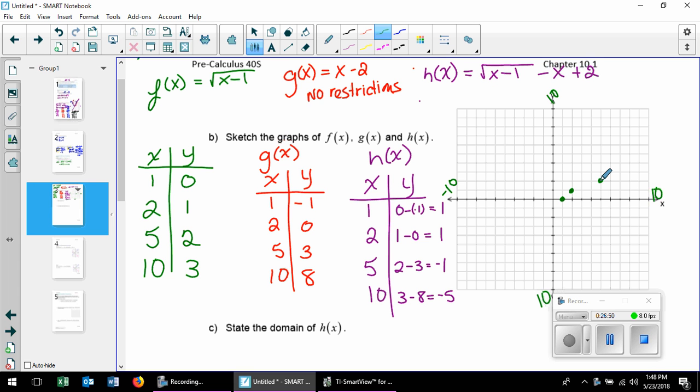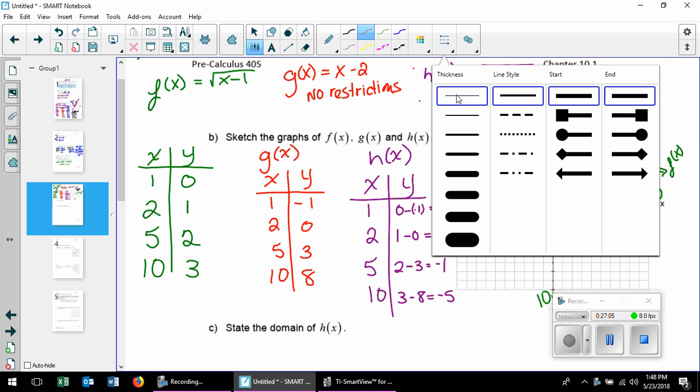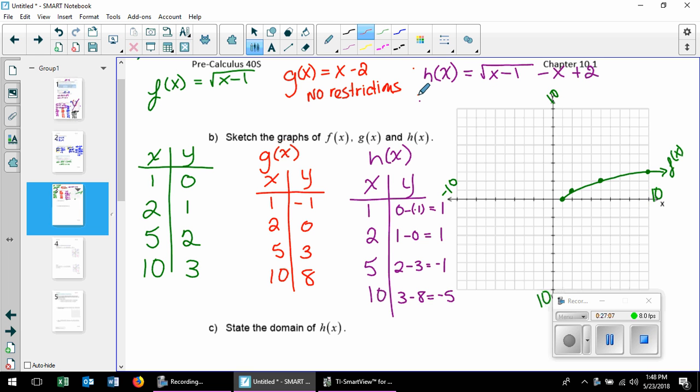And 10 and 3. Does that look like a radical graph to you? Yeah. It's pretty rad. Why wouldn't I connect it? It should be a curved line if it's a radical graph.